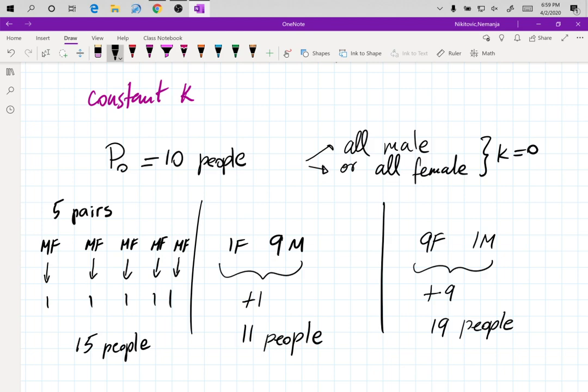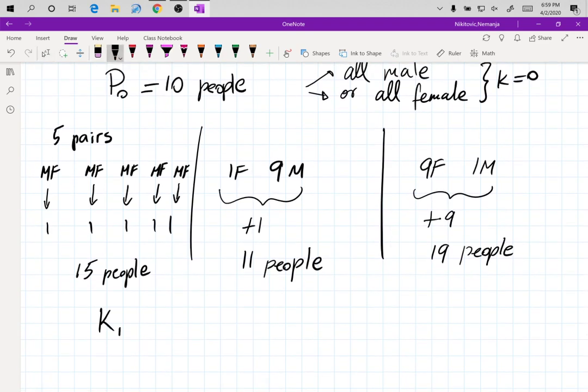But the outcome of the population was different because all of these have the same P0, but K1 is different than K2, is different than K3, because this K, in addition to doing other things, also worries about the male to female ratio. I think the latest statistic said that the world has 51% female and 49% male.